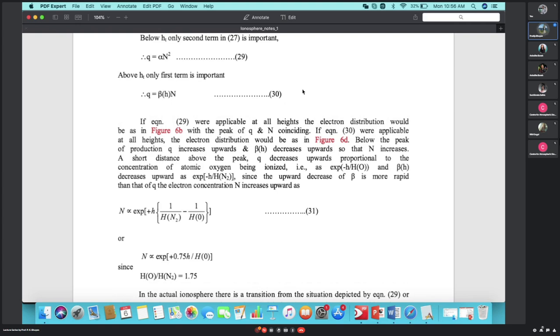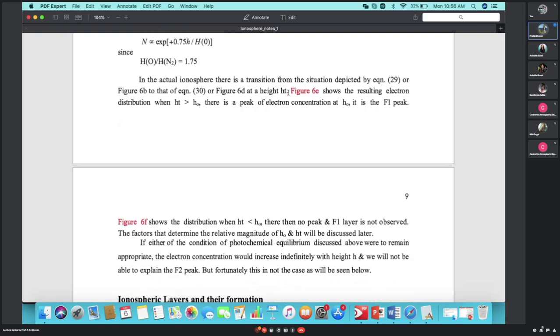As I have shown in that figure 6D at height hd. 6E shows the resulting electron distribution when hd is greater than h naught. That is the peak electron concentration at h naught. It is the F1 peak.